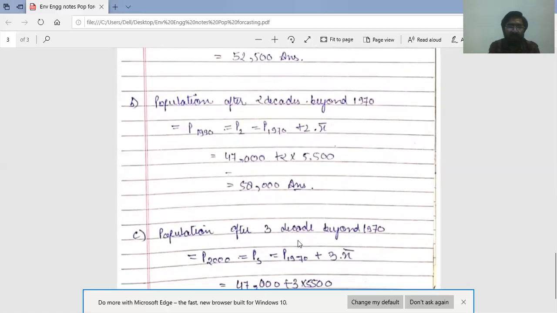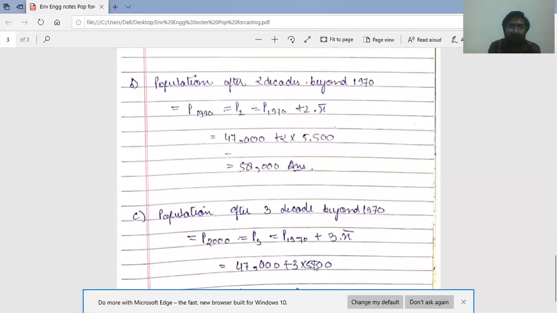Population after 3 decades beyond 1970, in the year 2000, means P3. After 1 decade is 1980, after 2 decades P2, after 3 decades P3, and P3 is in the year 2000. P2000 is equal to P3, is equal to P0 plus n X bar, is equal to P1970 plus 3 into X bar.